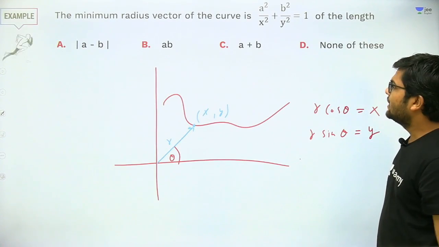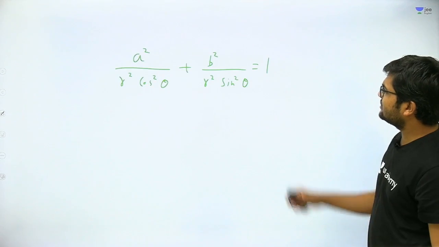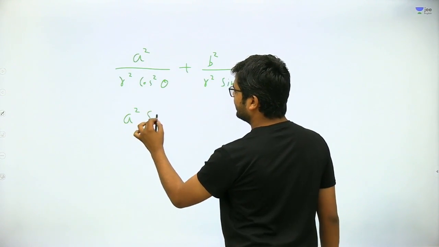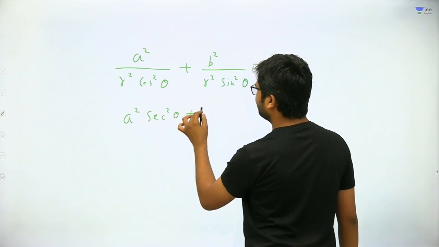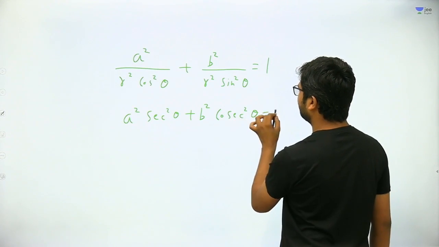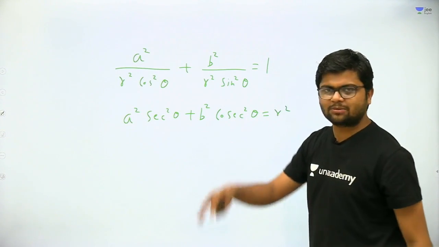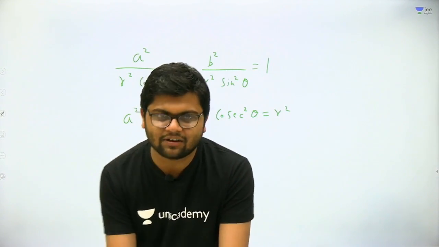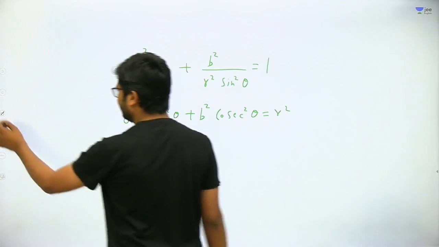Got my point? Now just take the r square there and it will become a square secant square theta plus b square cosecant square theta is equal to r square. So here comes the expression of r square. Now you can also differentiate it and get the value, but I am not interested in differentiating.